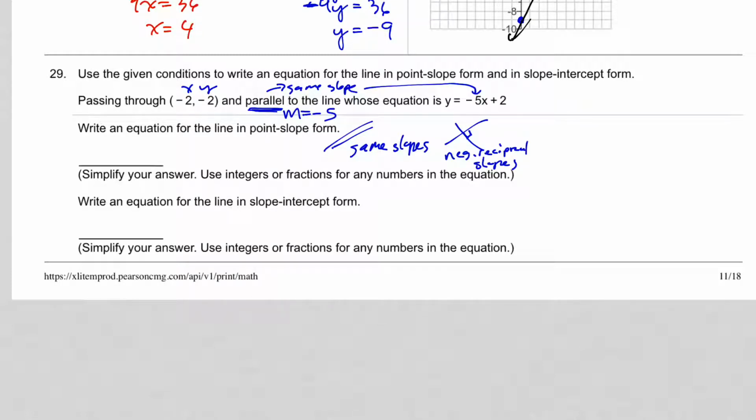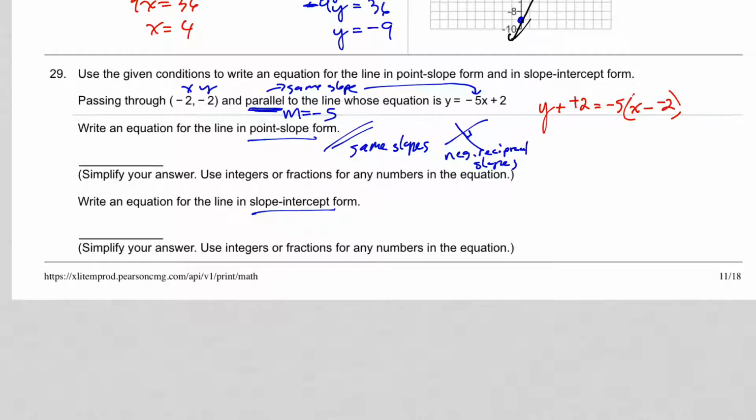Now, it asks us to put them in 2 forms, point slope and then slope intercept. And we can do both. So let's do y minus our y, which is negative 2. The slope is negative 5 times x minus a negative 2 as well.